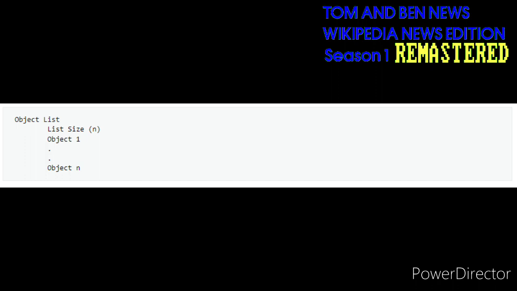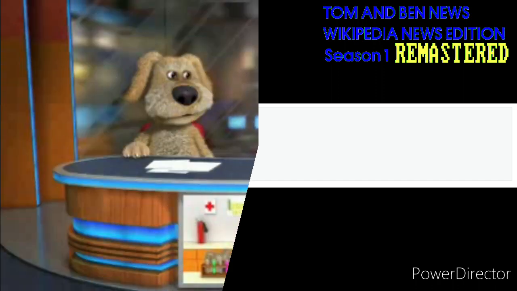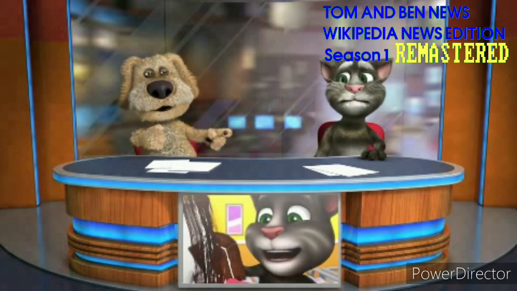Object list: list size N, object 1, object 2, object N. Packets can be compressed.